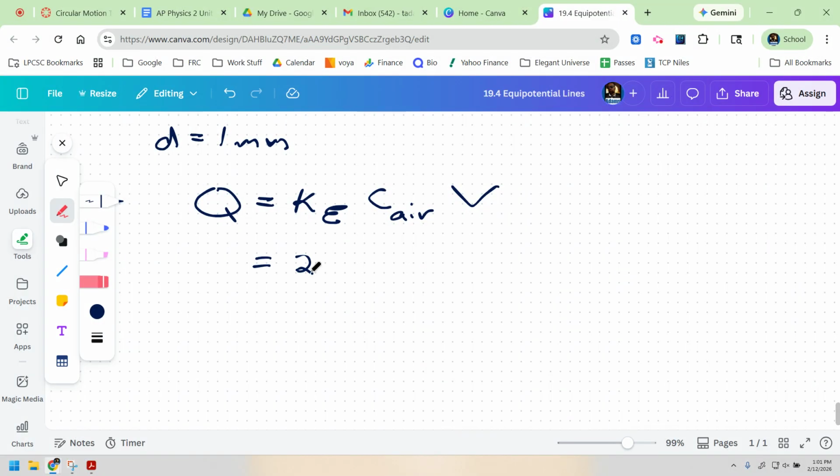So I have this 2.1, that's my kappa for Teflon.